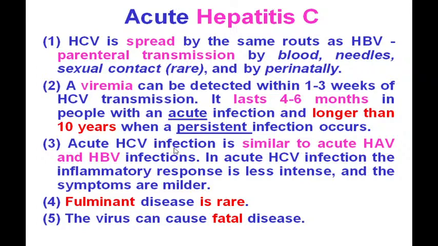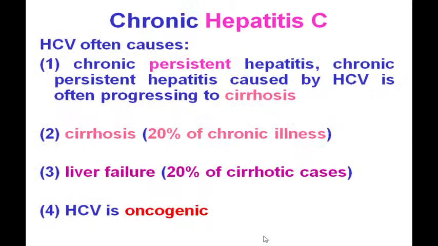The acute presentation of hepatitis C is similar to that of any hepatitis, but it is extremely rare with hepatitis C. Fulminant hepatitis is also very rare, and the virus can cause fatal disease, but very rarely. Most probably it causes chronic hepatitis.